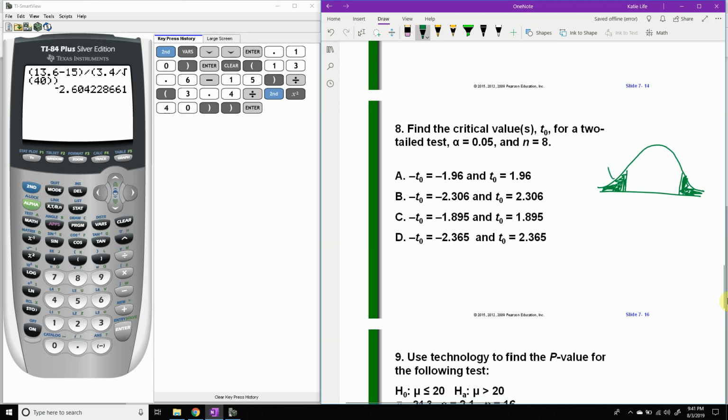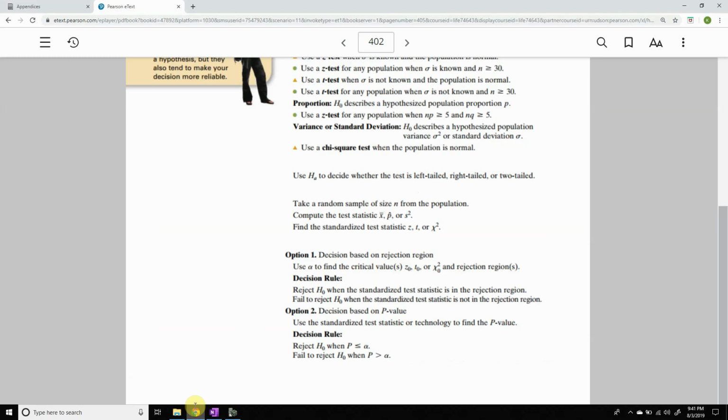So we'll literally have 0.025 in the left tail and 0.025 in the right tail. And we've got a sample size of 8. So if we're working with the T distribution, that means n-1 degrees of freedom. So we're working with 7 degrees of freedom.